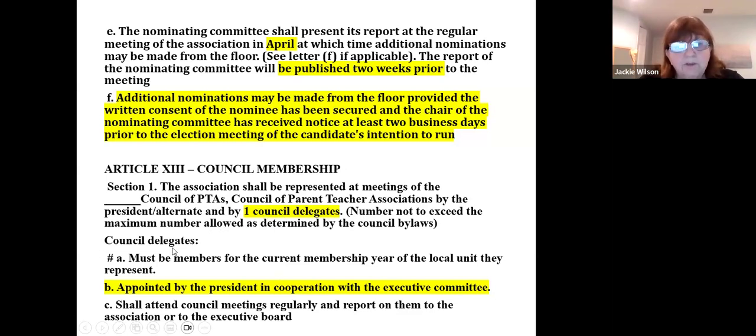And here it also tells you how the council delegates are chosen. In this case, they are appointed by the president in cooperation with the executive committee. Again, they could be elected by the membership, or elected by the executive board, or appointed by the president. So this is an important thing to know. You need to know whether or not the nominating committee needs to choose a person or persons for the council delegate.